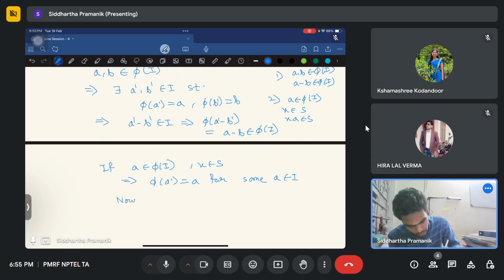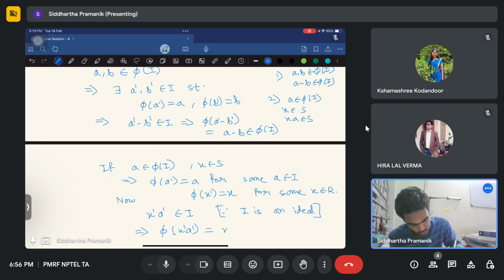Also phi of some x' is equal to x for some x' in R because phi is onto. So x'a' belongs to I because I is an ideal. So its image phi of x'a', which is equal to xa, must be in phi of I. So is it okay?